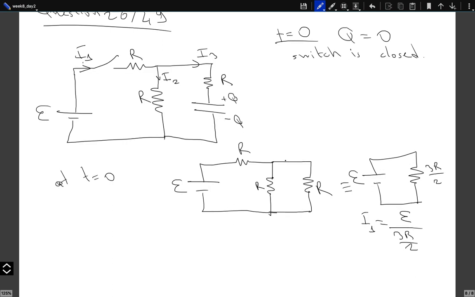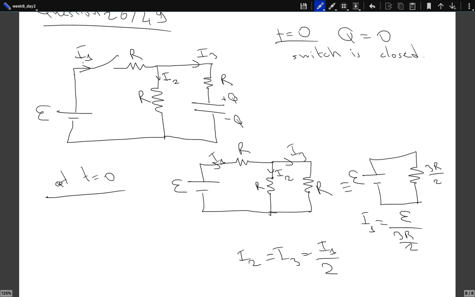And what about this? This is our I3. This is I2. What about I2 and I3? Well, the resistances are equal. So this I1 basically splits into 2. And I2 and I3 are equal, and they are half of I1. This is at t equal to 0.